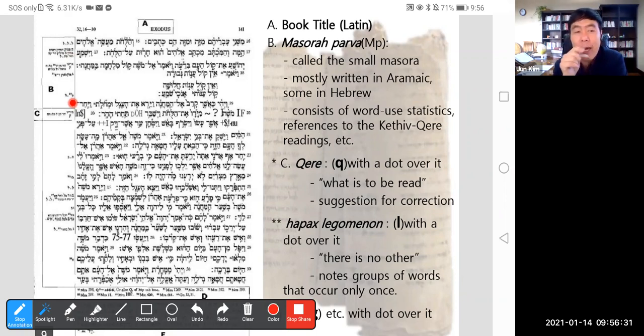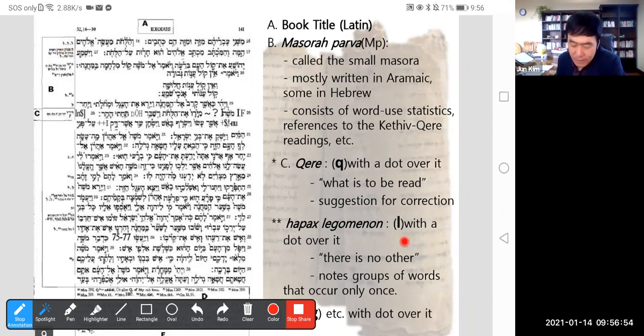So if you have lamed, and I think I need to show you this one. I think this is the better explanation. Hapax legomenon. Sorry, I couldn't put lamed here, but it is supposed to be lamed with a dot over it, and then that is this one, lamed. Can you see that? Okay.